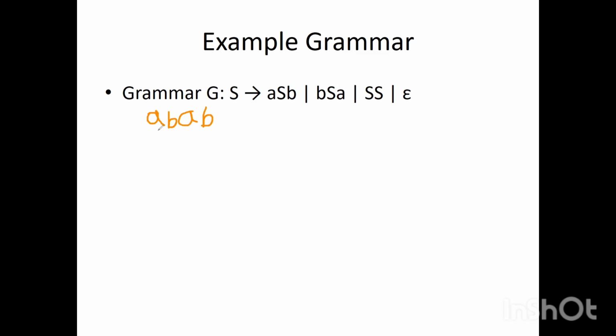Now, how will we derive this string using this grammar here? We will first derive ABAB with leftmost derivation. I will further explain why this derivation is called leftmost and another called rightmost.